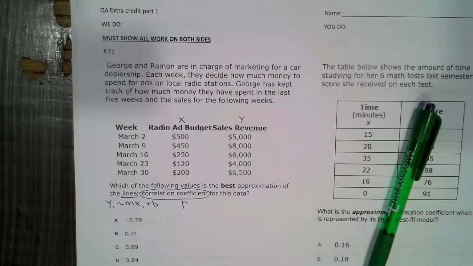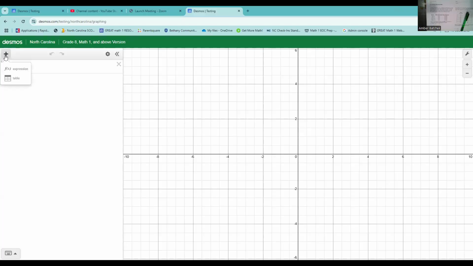So here we go. Let's hope I can share this correctly. Okay, so I'm going to press the plus sign here and get a table, and I'm going to enter my X values.